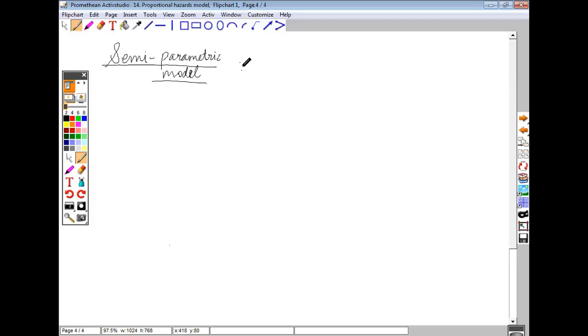In these models, you can assume any particular distribution for the hazard function, and if you do that, then it will become a fully parametric model. But in general, we do not make any assumption because we will not care about the hazard function at all. All we care about is how the mortality changes if someone is smoking. That will again be in comparison with some baseline, and we will see how we define that baseline if we don't really care about the hazard function at all.